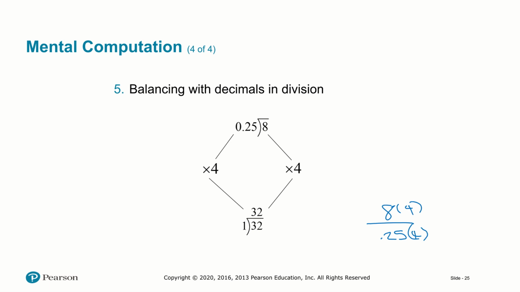So that's all we're doing. And we know we can do this, right? Because we're just multiplying by 1. So then we end up, instead of this 8 divided by 0.25, we end up with the much nicer 32 divided by 1, which we know is 32.